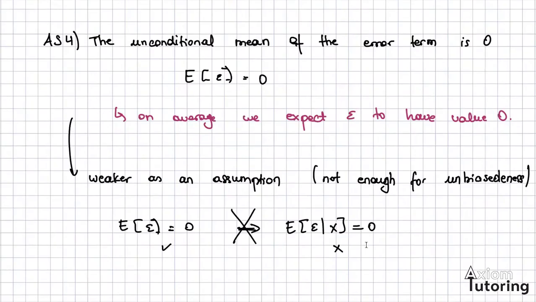People with higher education have systematically lower error term, but overall, average of the error term across the sample is still 0, which means that the OLS in this case will not be unbiased. So the unconditional mean is one of the conditions that is mostly mentioned, most of the times gets bypassed because it's weaker than the fifth assumption, which is the conditional mean.